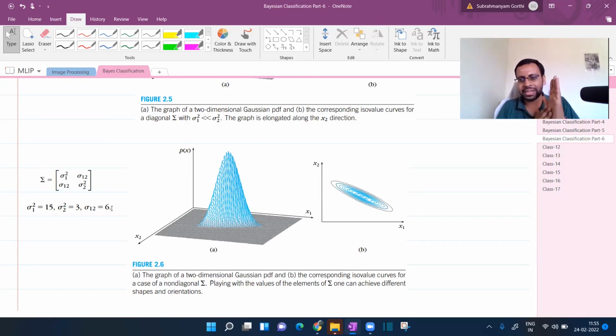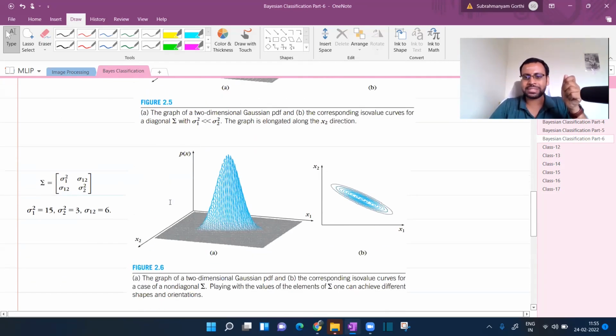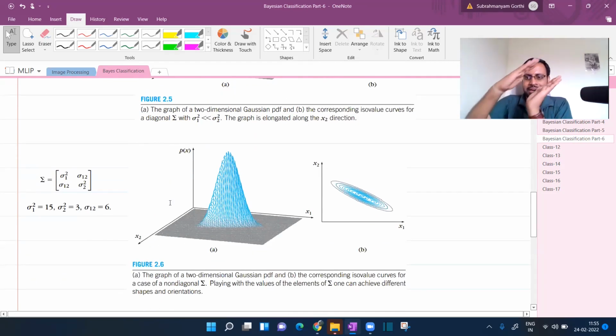If you analyze the matrices in terms of eigenvalues and eigenvectors, you would realize that it's equivalent to the earlier matrix multiplied by a rotation matrix. That rotation will be determined by this value of sigma 1, 2. But all you would get is still ellipses, at some angle.